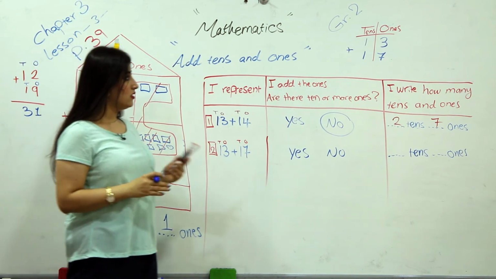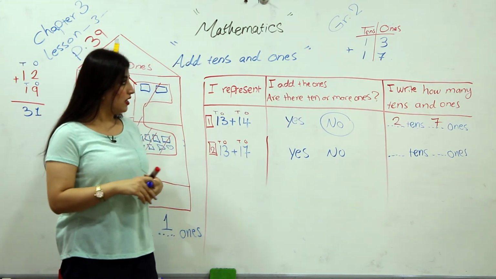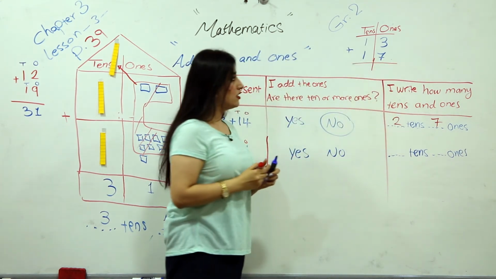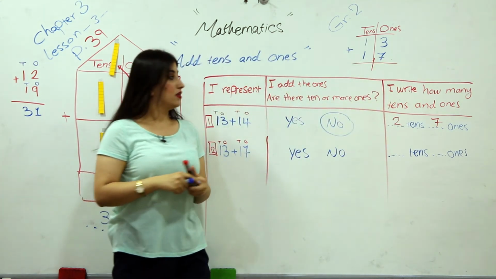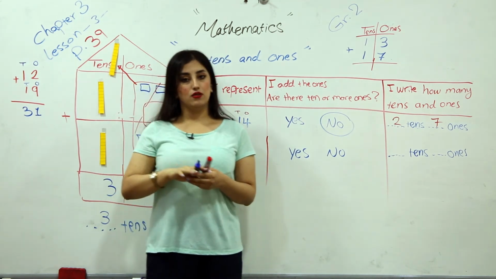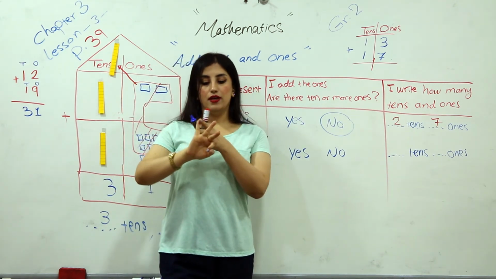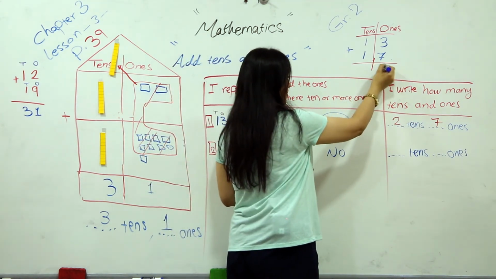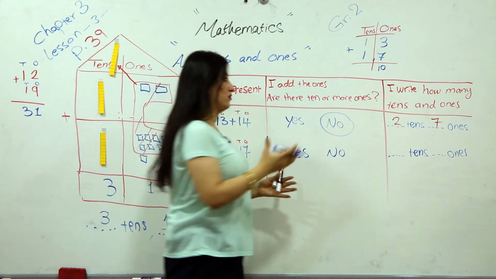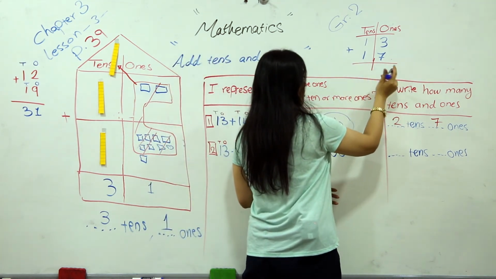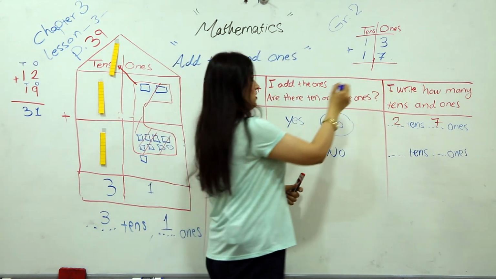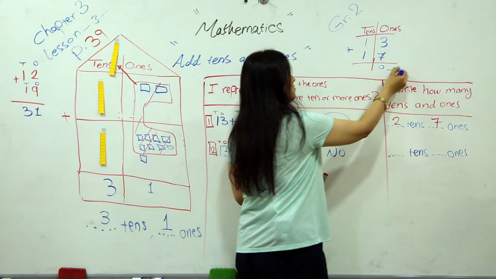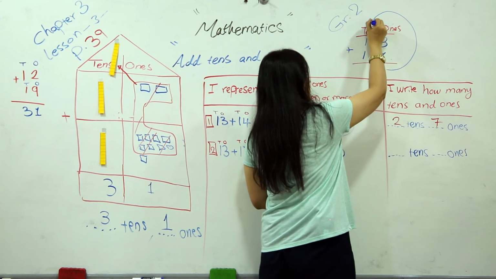Now let's do the addition. 3 plus 7, we put 7 in our mind and we count 7, 8, 9, 10, okay? Can you write it like this? No, that's wrong. So we just write the ones and the number 1 will go to the tens side, okay?